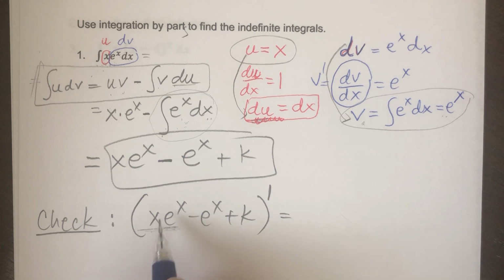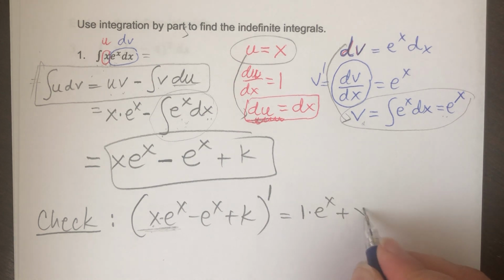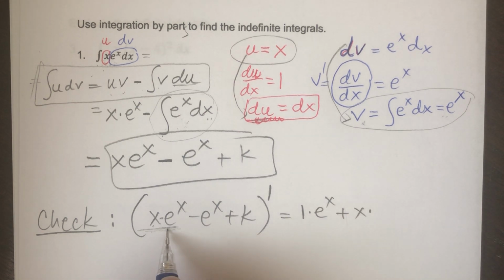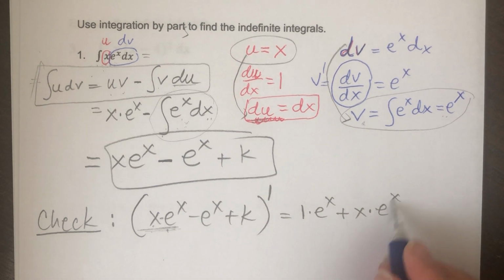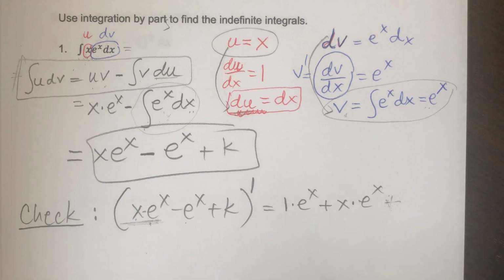So the product rule for this product says take the derivative of the x, which is 1, times e to the x, plus, leave the x alone, times the derivative of e to the x, which is e to the x. Oh, sorry, it's a minus. Minus, move on to the next term. What's the derivative of e to the x? The derivative of e to the x is itself, plus some constant whose derivative is 0.